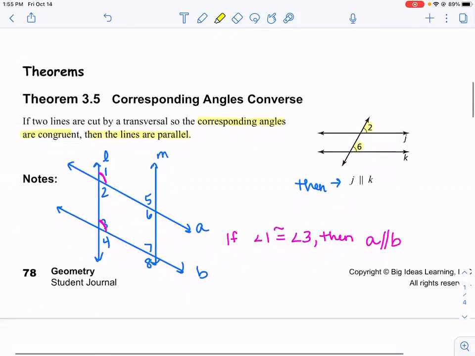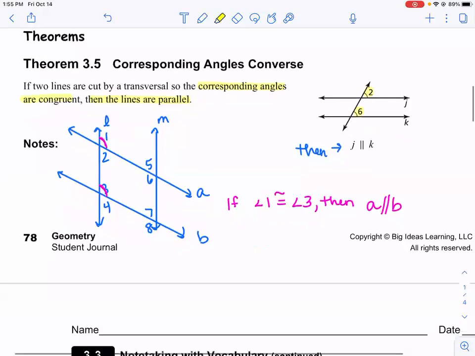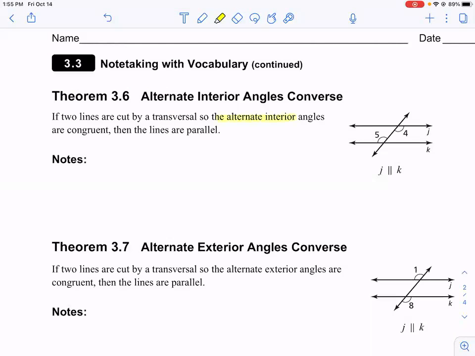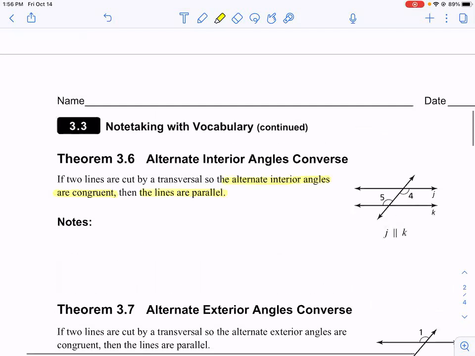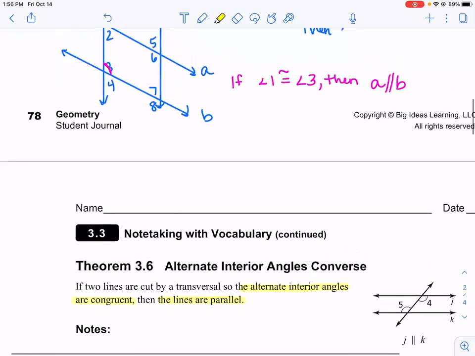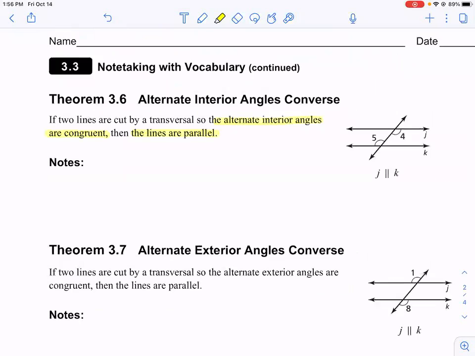We have the same on the next page. If two lines are cut by a transversal and our alternate interior angles are congruent, then that means the lines are parallel. Okay, so I'm going to take this same picture.